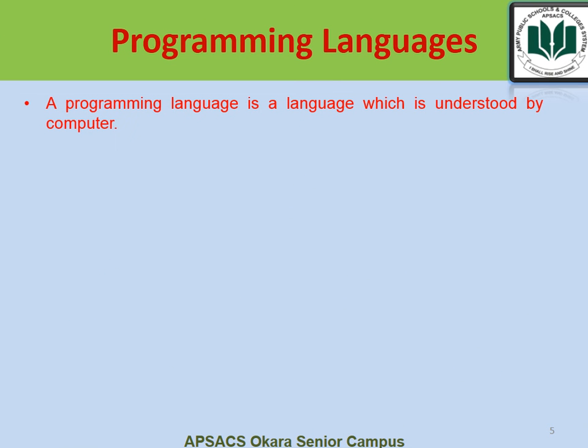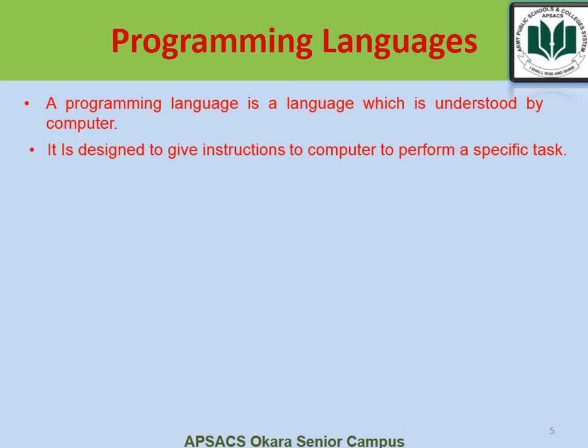So coming forward, a programming language is a language which is understood by a computer. A language which is understood by a computer is called a programming language. It is designed to give instructions to the computer to perform a specific task.